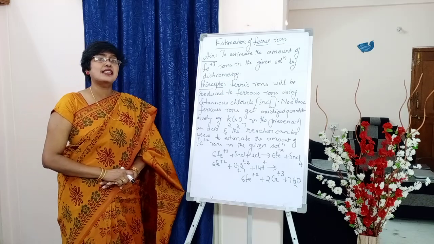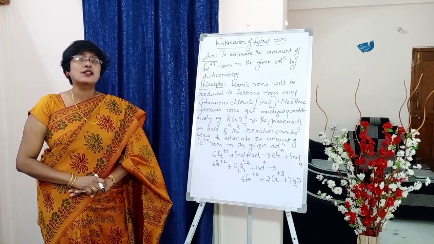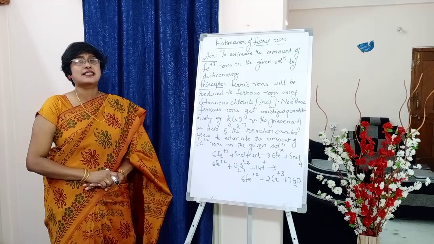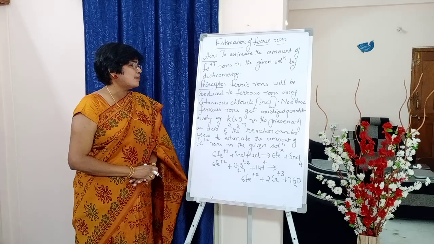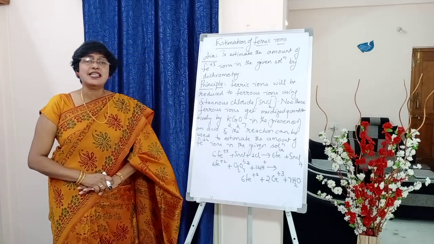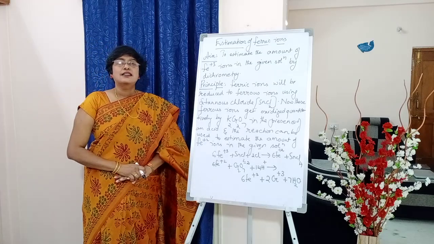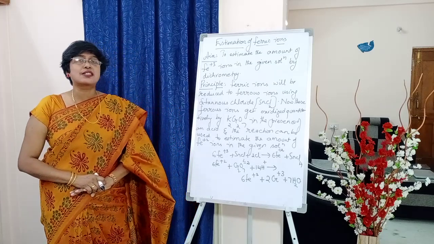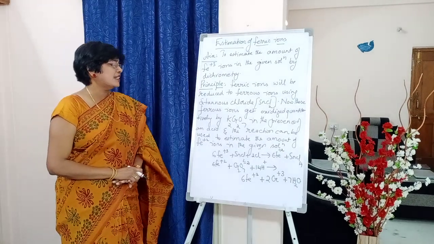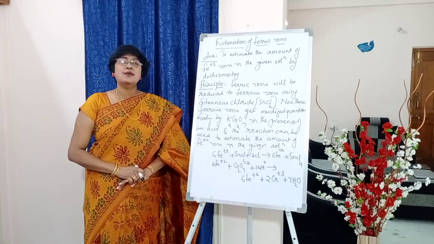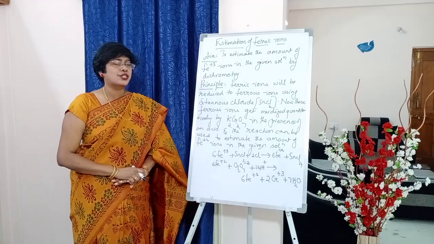Here the ferrous ions will be oxidized by this oxidizing agent, which also forms the primary standard solution, like we have discussed in the previous experiment. Get oxidized quantitatively by potassium dichromate in the presence of an acid. And this reaction can be used to estimate the amount of Fe+2 ions present in the given solution.